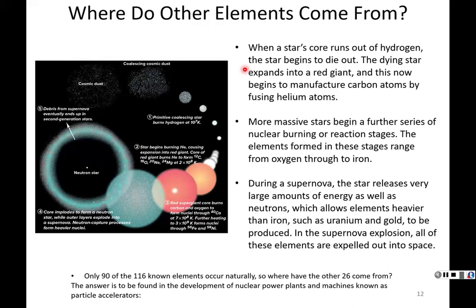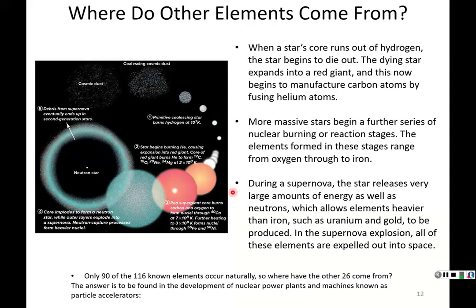They can form into something that's known as a red giant, and then it begins to manufacture heavier atoms like carbon by fusing helium atoms together. More massive stars begin a further series of nuclear burning or reaction stages. And elements formed in these stars range from oxygen throughout to iron.